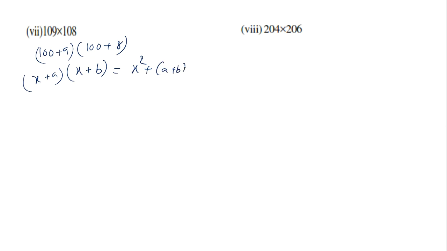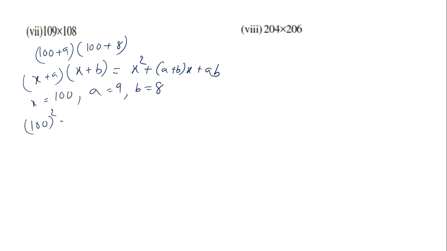Okay, next, this is 100 plus 9 into 100 plus 8. Can we write like this? This is in the form of x plus a into x plus b, which is equal to x square plus a plus b into x plus a into b. What is x? x equal to 100. What is a? 9. b is equal to 8.